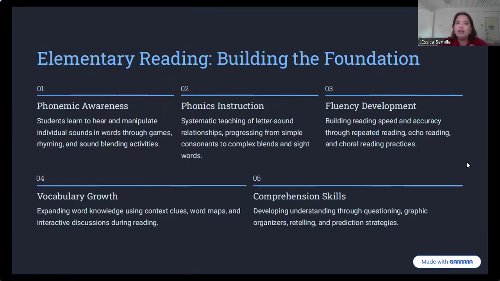So when we talk about elementary instruction in terms of reading, there are certain objectives that you need to be focusing on. And at the same time, all the strategies will be born out of the following objectives. So one, of course, if you're going to look at the elementary level, some of them are not yet recognizing the sounds.